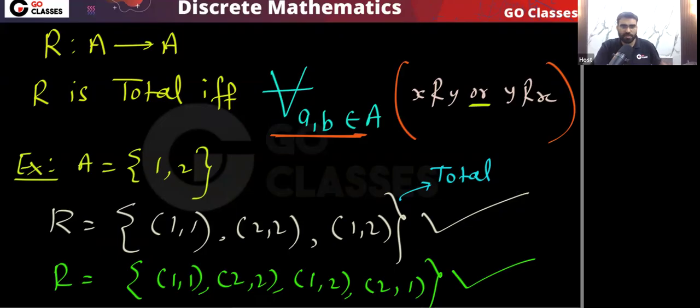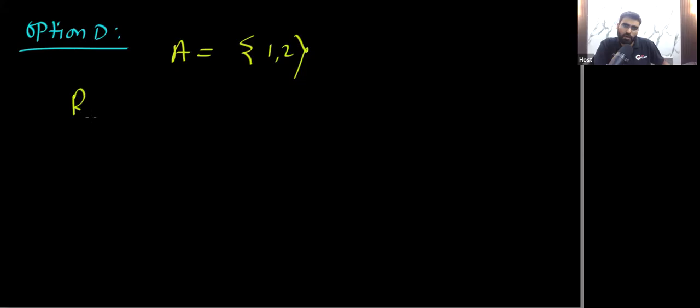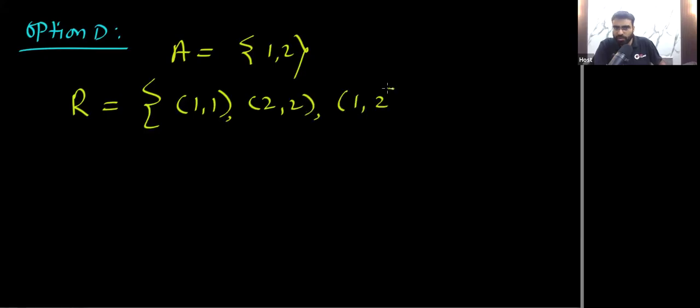For option D, what you can do, you can take this base set 1, 2. Now consider this relation R, which is 1 related to 1, 2 related to 2, 1 related to 2.